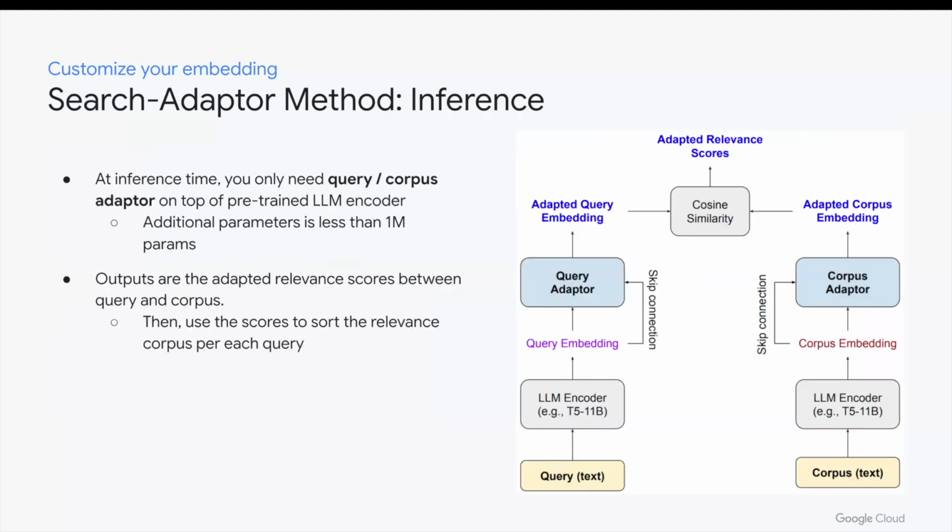And based on this adapter layer, during serving time, we just put this adapter layer on top of the already pre-trained model that we have, and then you get a new embedding that is more related to your particular data set itself, right? So this is very cool, but it leads to extremely significant performance gains.